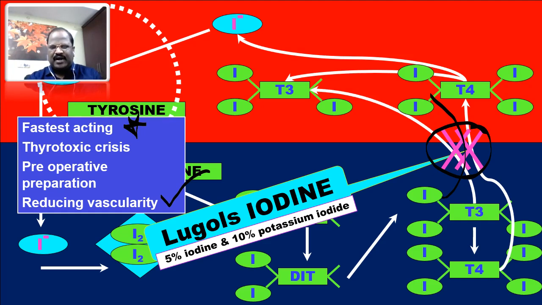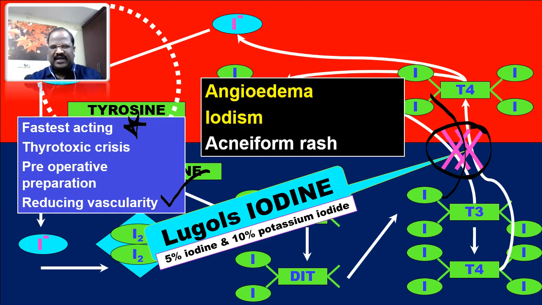What are the important adverse effects of Lugol's iodine? It may cause mostly allergic reactions. Sometimes it may cause dangerous angioedema. That's one important point. Second point, it may also cause exacerbation of acneiform skin rashes. And when you give prolonged Lugol's iodine therapy, it may cause a side effect called iodism.